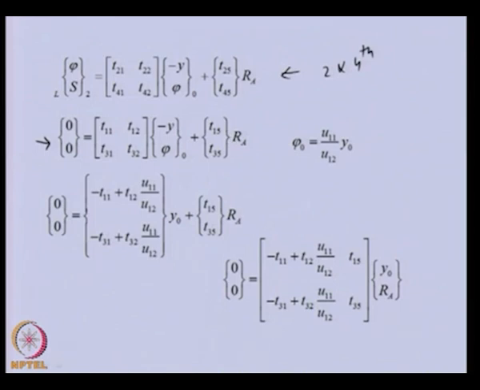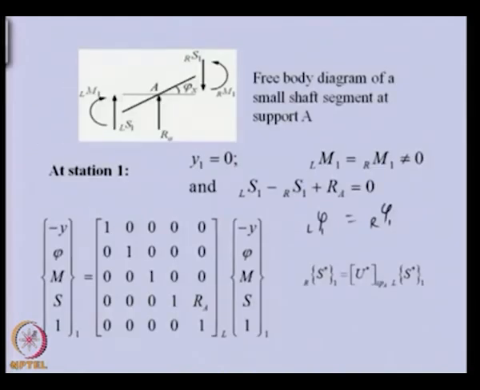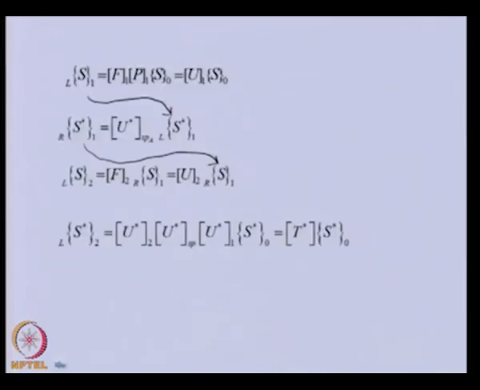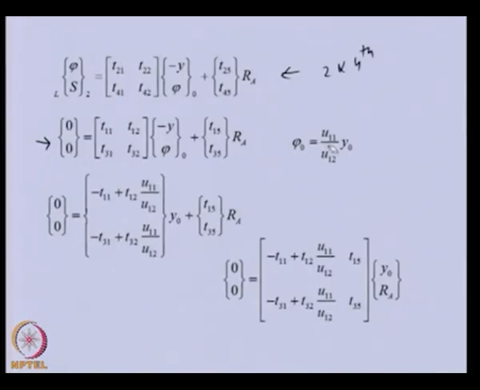Earlier, if you remember, we had the state vector at station 0 related by this expression. This we related earlier. Let us look back at that relation. So, this is the relation which we developed earlier, and we will be using this equation here. This is phi naught. In this equation I am substituting this.